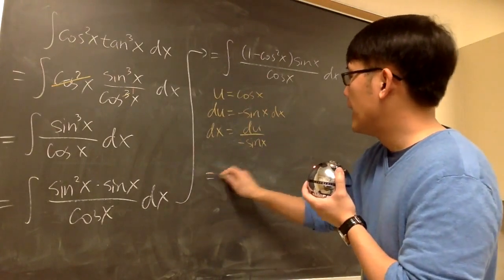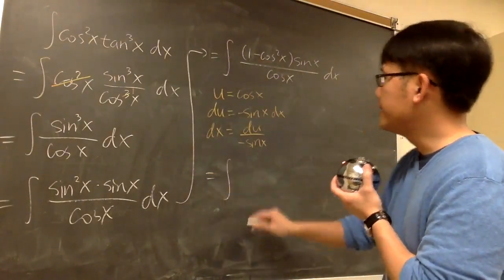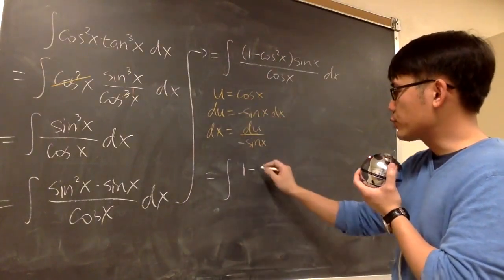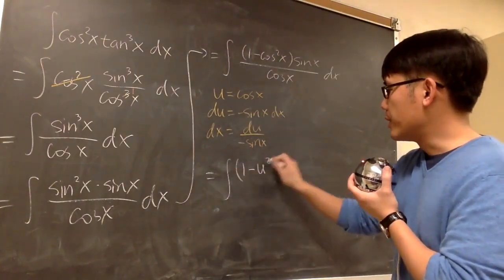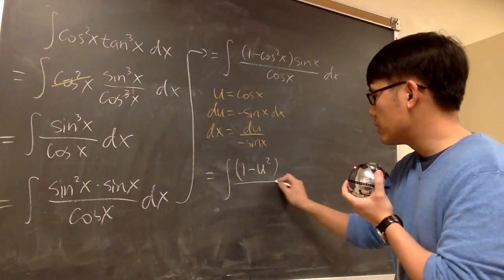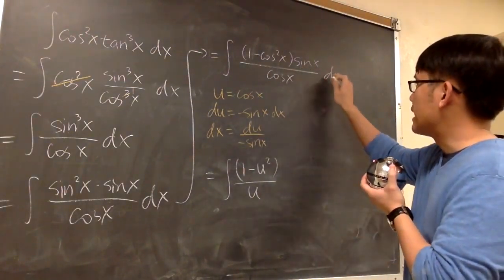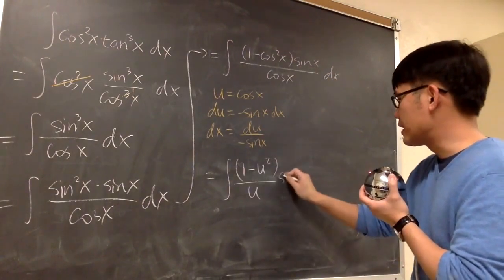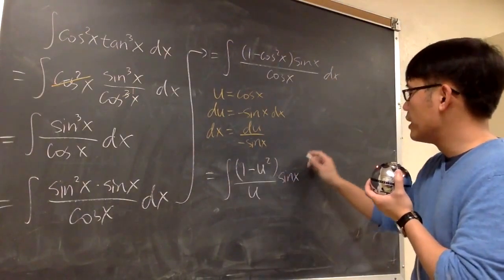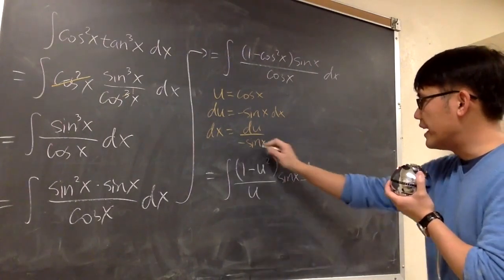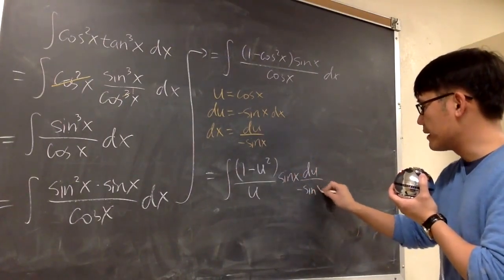So here, I can look at this integral as the integral of 1 minus cosine squared, which becomes u squared, in the parentheses over u, because that's cosine. And then sine x times, well, sine x, let me just leave it because I need to show you guys a cancellation. The dx is du over negative sine x.